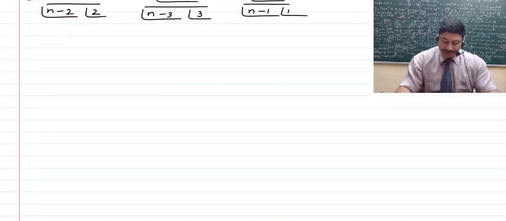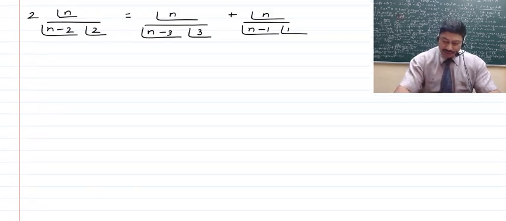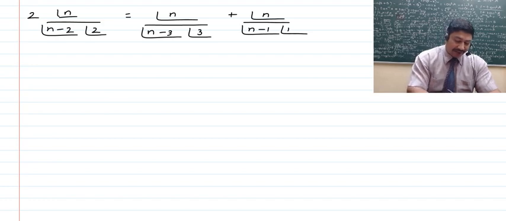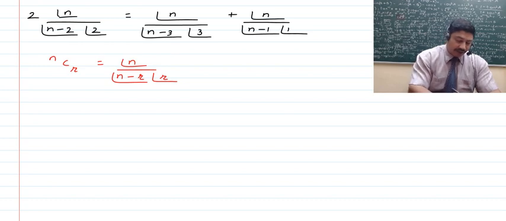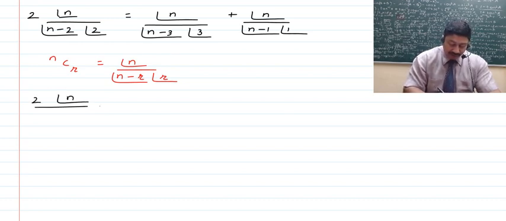Right, next now children, we will further solve this like we looked up, that if we have some nCr, we write it as n factorial divided by (n minus r) factorial times factorial r. So writing this now, we have 2 times factorial n divided by factorial of (n minus 2), which we will simplify in the next step.